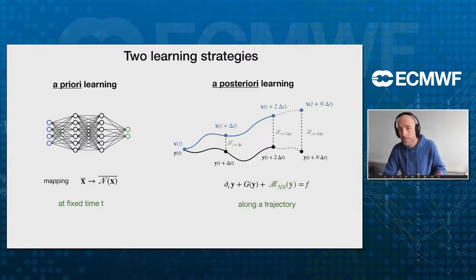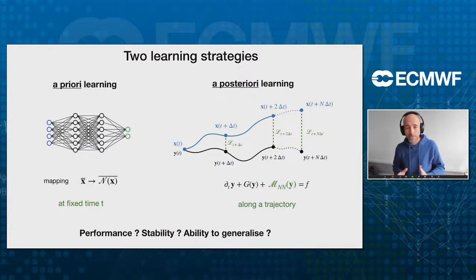You could in principle formulate an a posteriori learning strategy where you optimize a component for your climate model based on a loss that involves several iterations over time. So that's what we've tried to address here with a really basic question: is it worth it? What are the benefits? And do we even need to think about that?